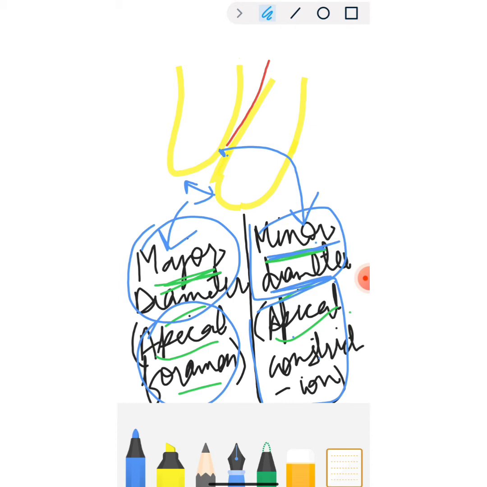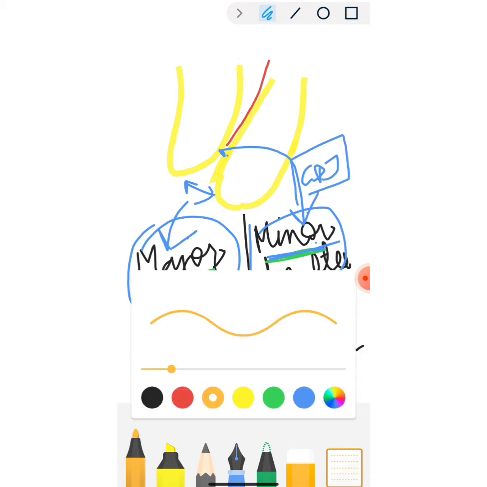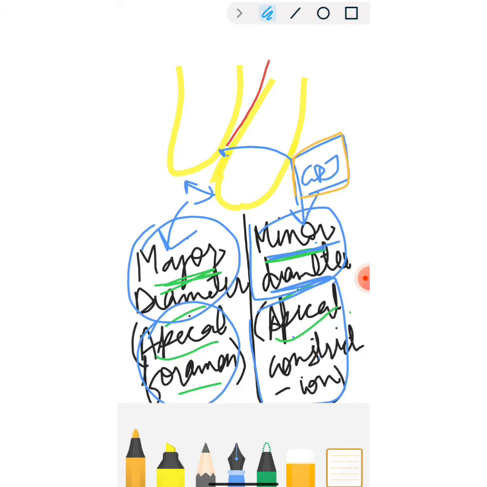This is the point where the CDJ is located. CDJ means cemento-dentinal junction. This is where the minor diameter or apical constriction is, and this is the point where the canal preparation should terminate. Canal preparation should terminate at the CDJ.